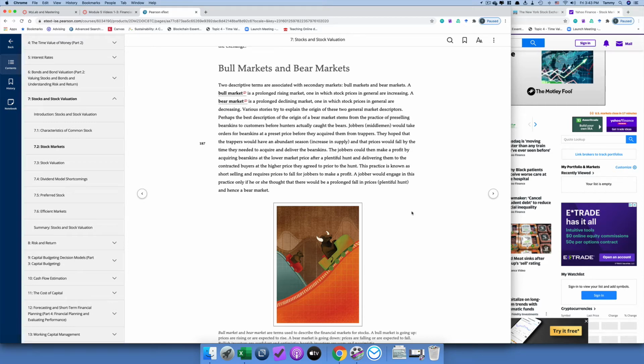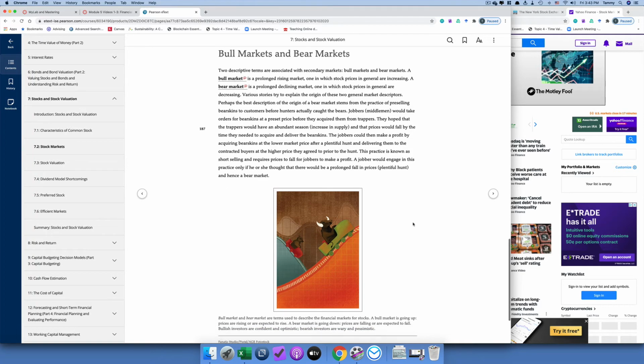I don't know that anybody actually knows the history of where these terms came from, but a bull market implies that there's been strong growth in the overall price of the equities on the markets, and that it's expected to continue to increase. And a bear market is a prolonged declining market.